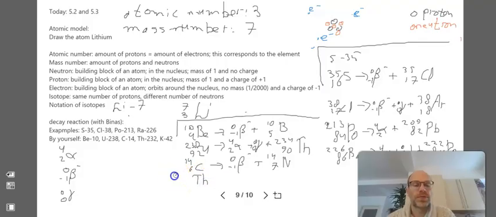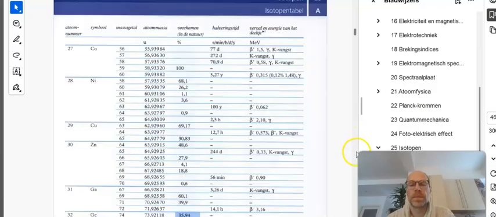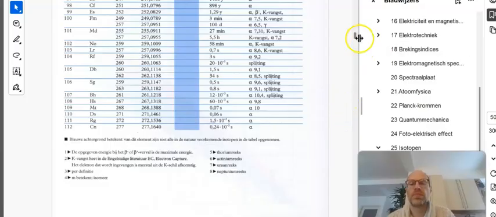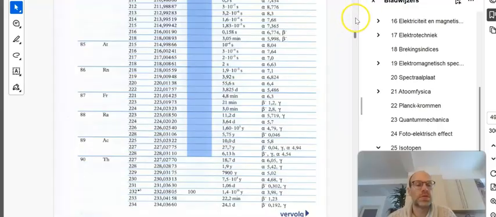And then we have thorium 232. Thorium is 90. And we need to search up 232. Sorry. Thorium was over here.